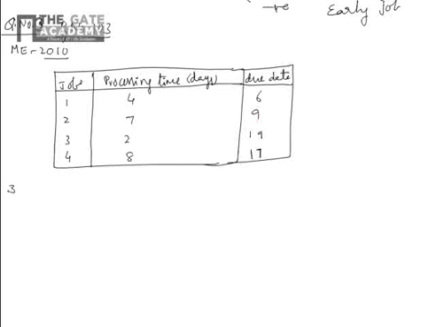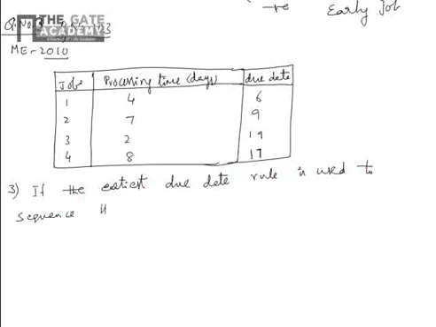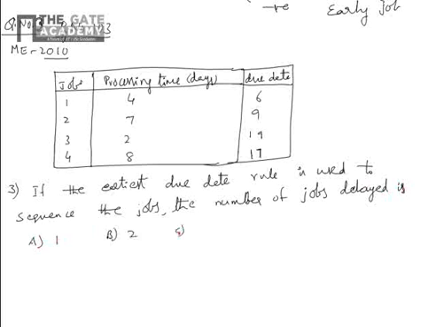So the third question is, if the earliest due date rule is used to sequence the jobs, the number of jobs delayed is: option A is 1, option B is 2, option C is 3, option D is 4.